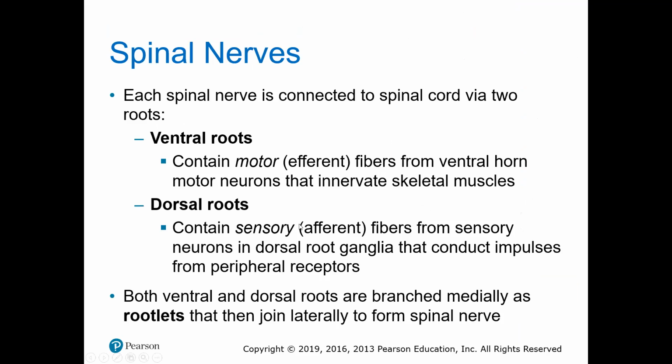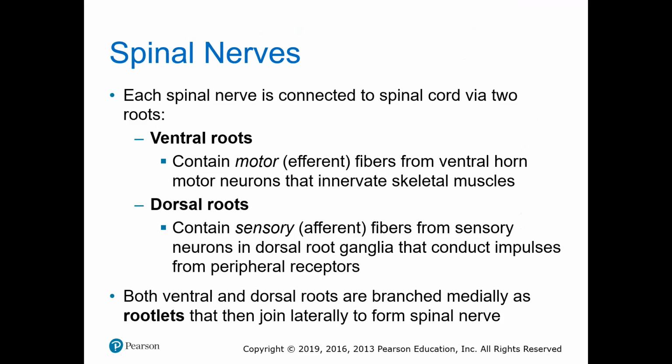Now the spinal nerve, the term for the section that connects to the spinal cord, are called the roots. You have a ventral root. The ventral root is on the anterior surface of the spinal cord, the front of the spinal cord.